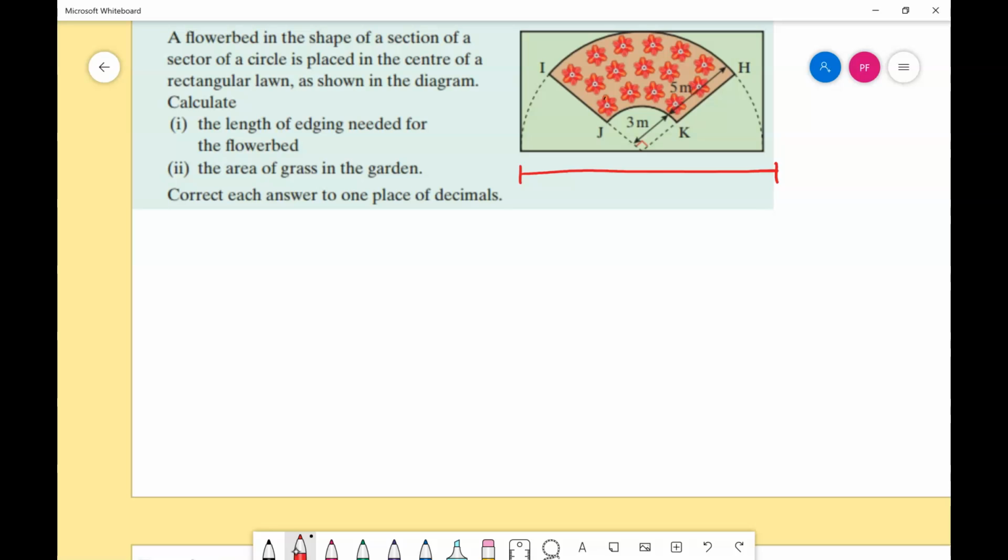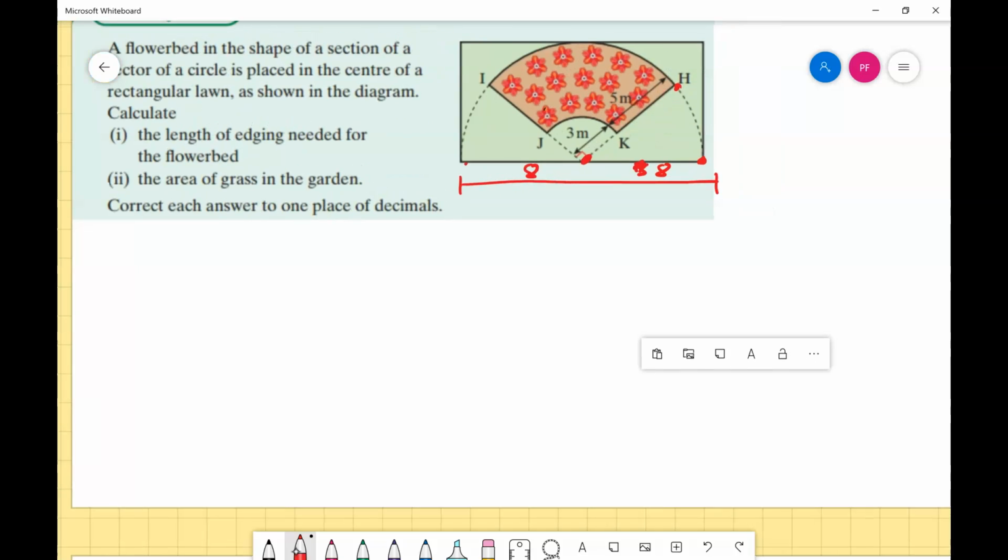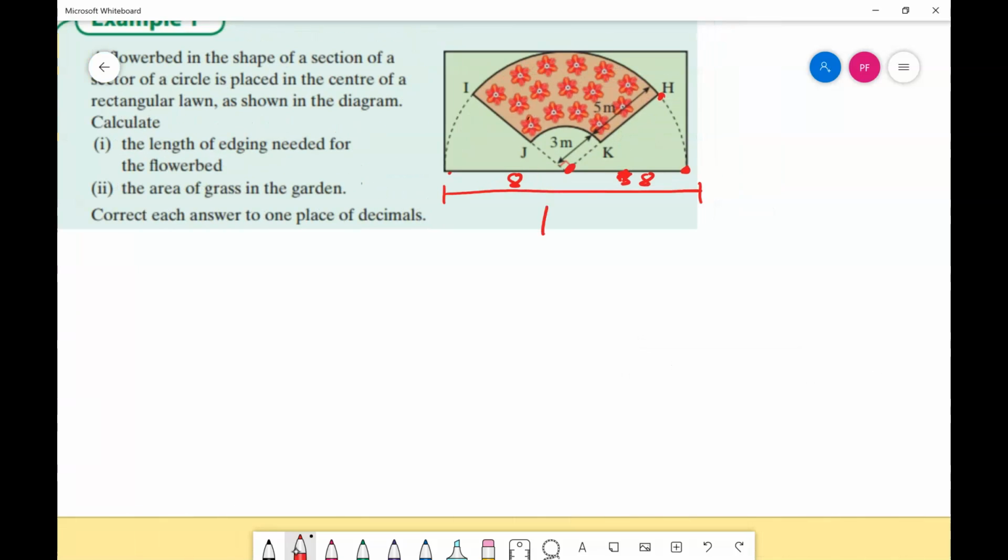Now we can see that this is a circle here to here. So the radius from here to here is, sorry, not 3. From here to here is 8. And from here to here is 8 as well. So the entire width here is 16 meters.